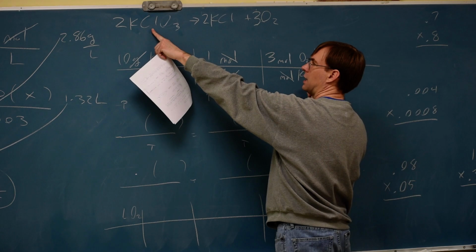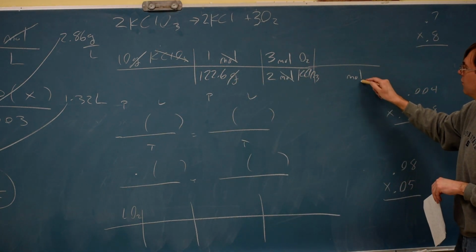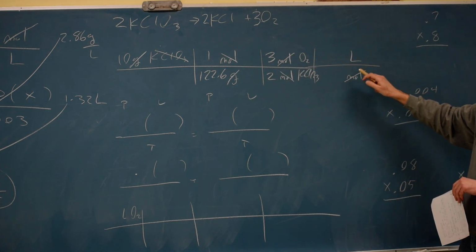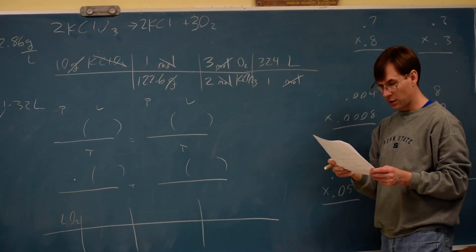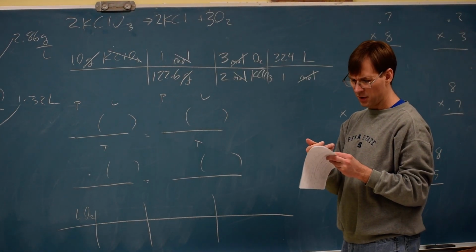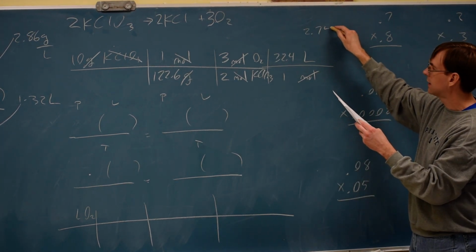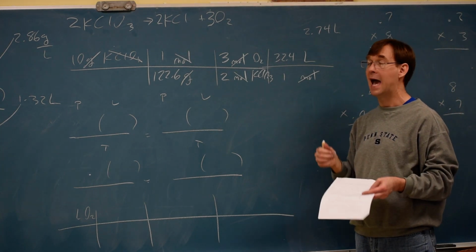Coefficient for the KClO3 is a 2. And then we still have one more move to go because they didn't ask us moles. They asked us liters. So here's our friend again, the 22.4 with a 1. So we have to remember and be able to still do all that stuff from a couple chapters back to get 2.47 liters, which would be at STP.